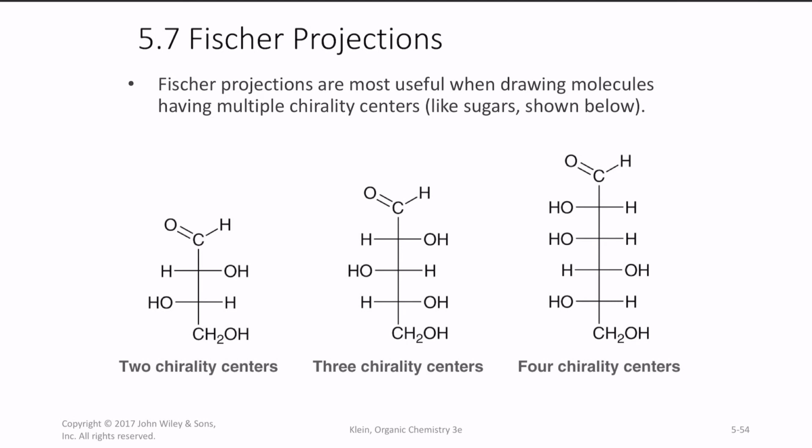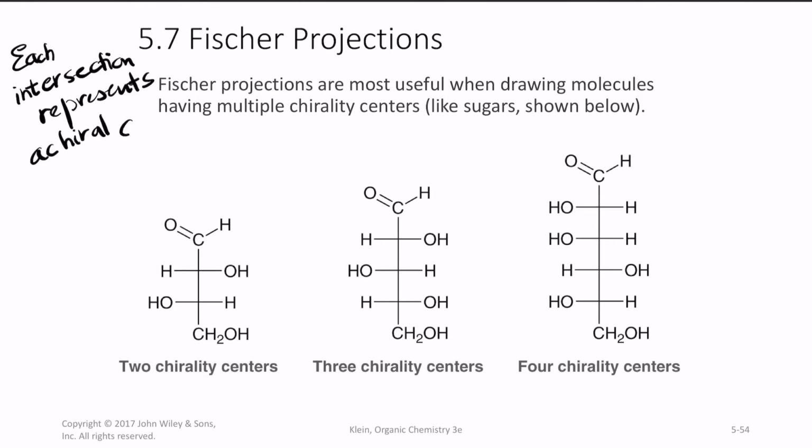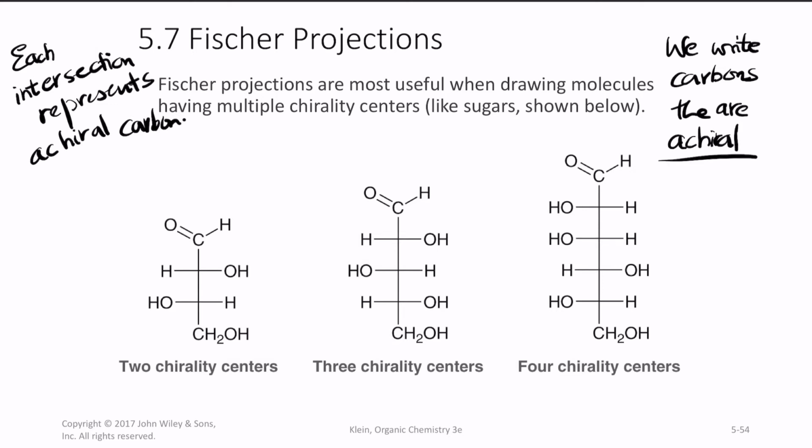So each intersection represents a chiral center, or a chiral carbon. We only write the carbons that are not chiral, that are achiral, as plain carbons.